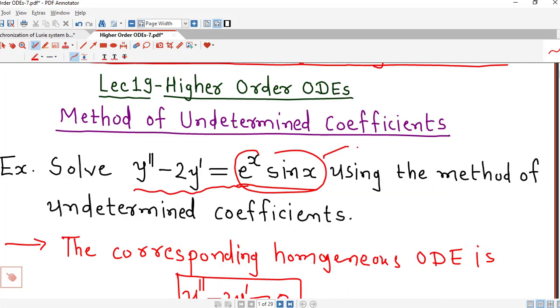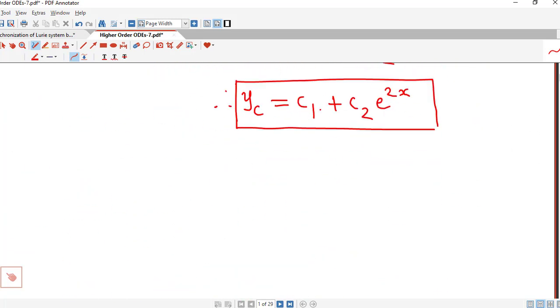For that we concentrate on the right hand side, which is product of two functions e raised to x and sin x. So whenever we have product of two functions, we have to first write down the family of derivatives corresponding to both the functions.